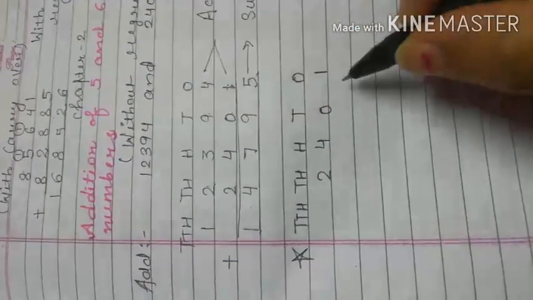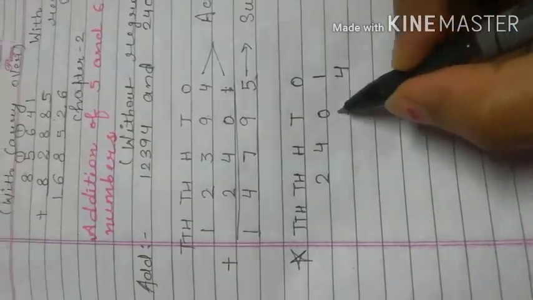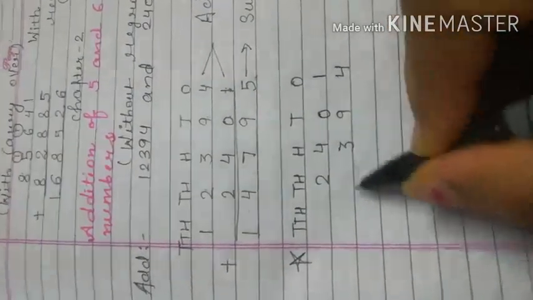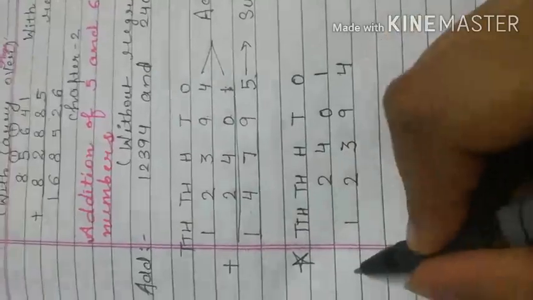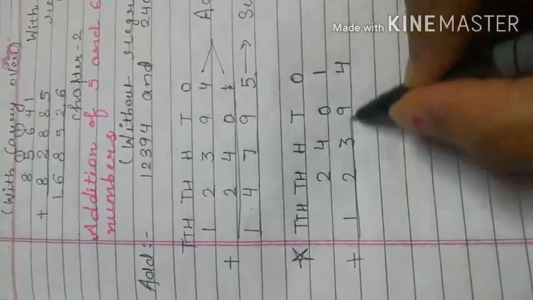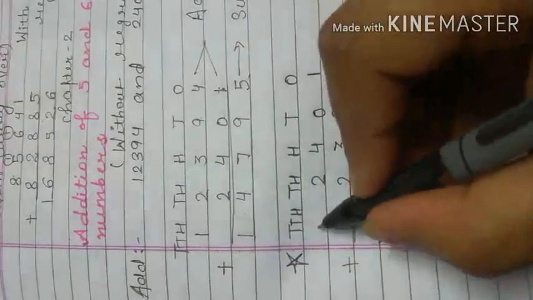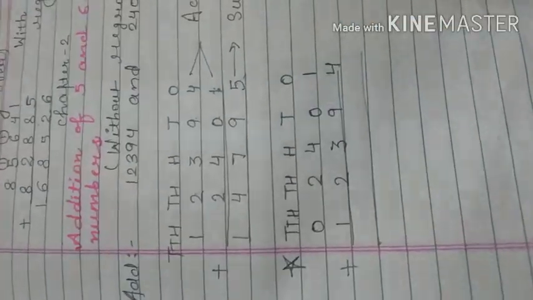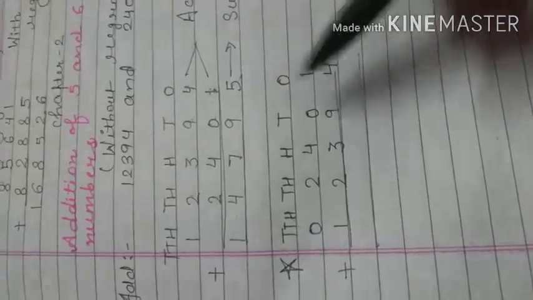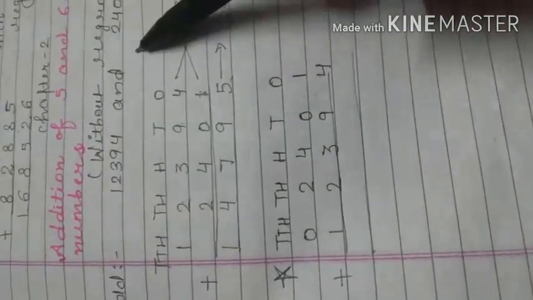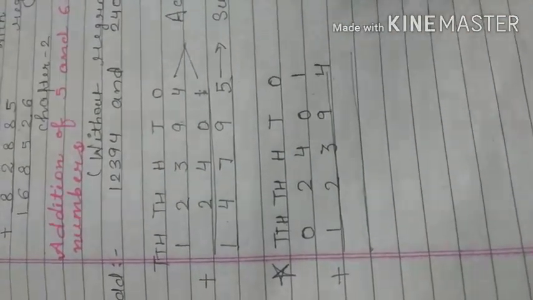Then arrange the leftover number like this. Now you can see that at 10,000's place we have nothing, so we can put 0 here. Okay. Now here what we have done for the same question, we have changed the order of the addends.